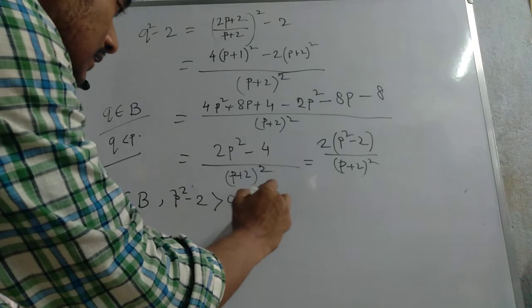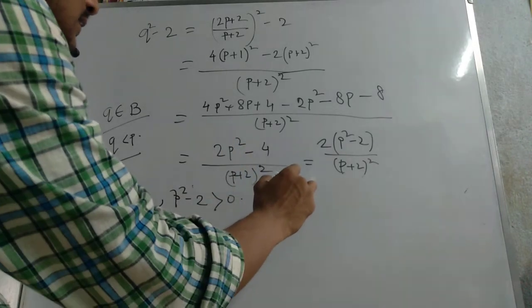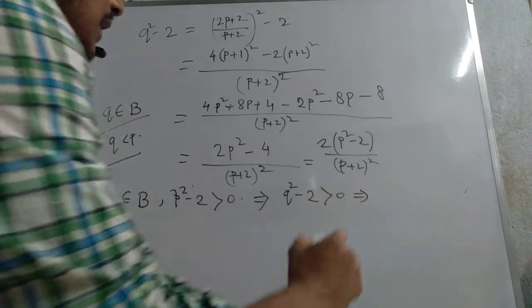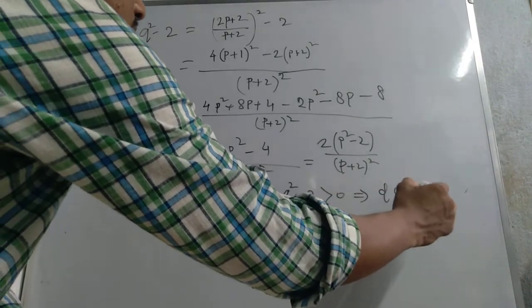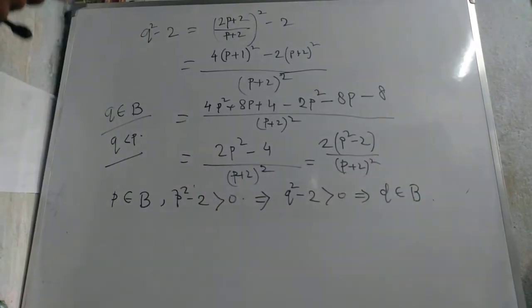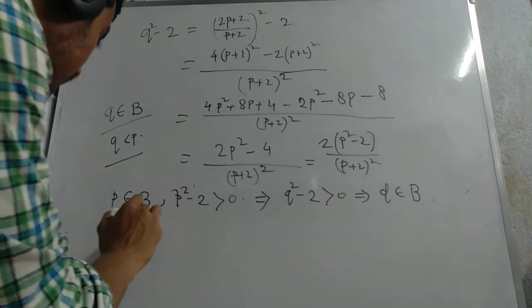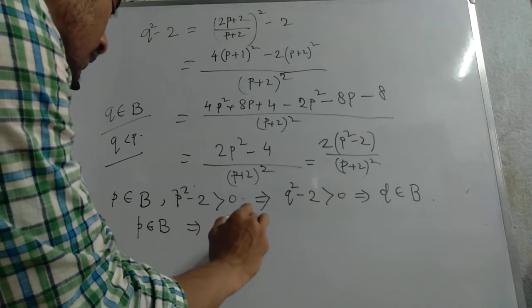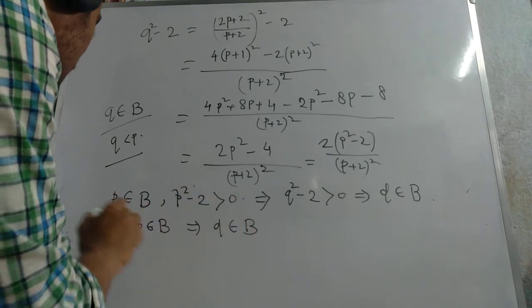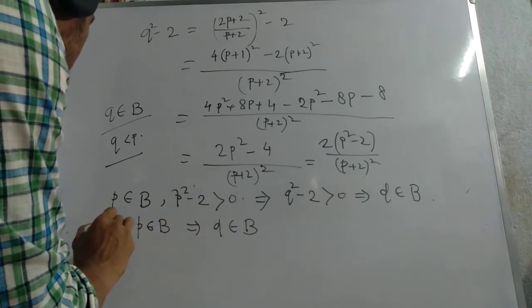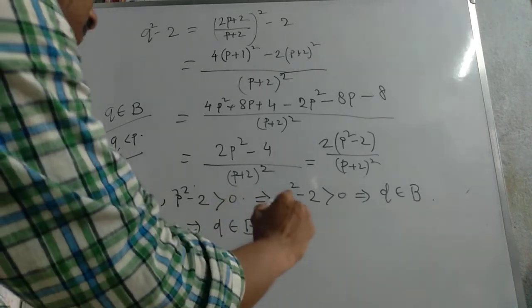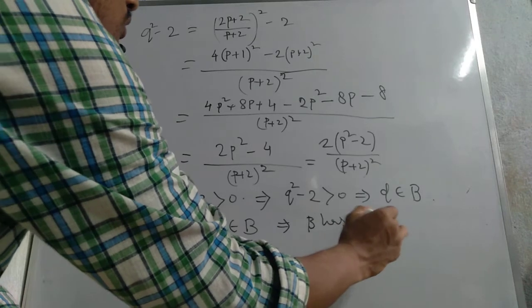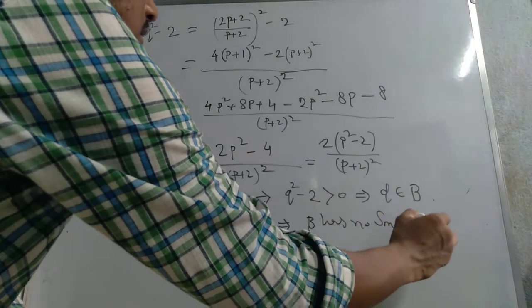Then obviously q square minus 2 is greater than 0. This implies q belongs to B. That means p belongs to B implies q belongs to B, and obviously p is greater than q. This implies that B has no smallest number.